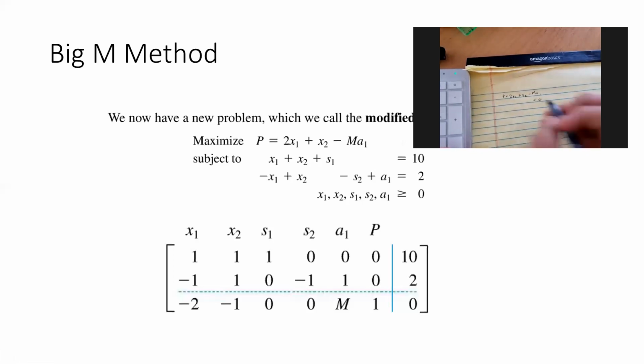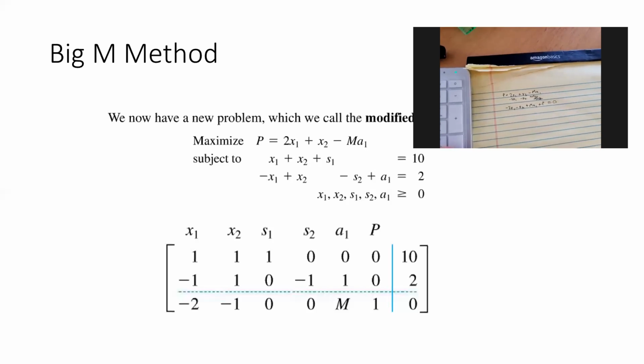So we subtract the 2x1, subtract the x2, and add the MA1 to the other side. That gives us -2x1 minus x2 plus MA1 plus P equals 0, and that's how we get the coefficient values you see in the bottom row.